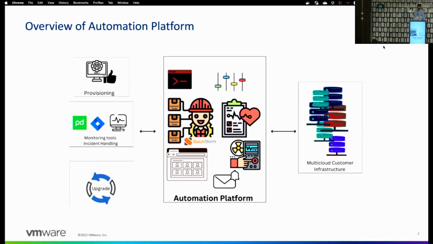So the combinations for upgrades across different providers and customers could be M cross N cross O.